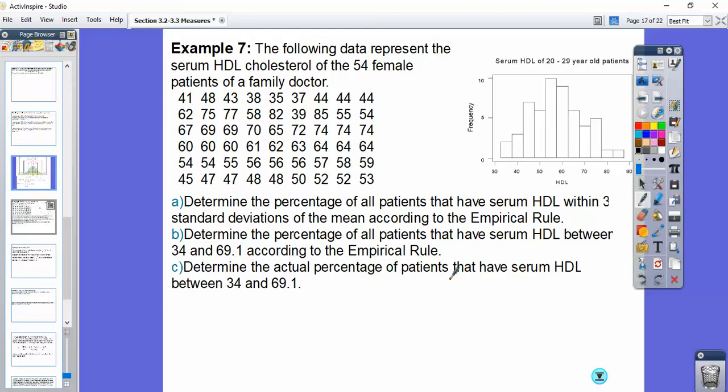Part A, determine the percentage of all patients that have cholesterol within 3 standard deviations of the mean according to the empirical rule. So that really has nothing to do with my data, just the empirical rule. What percent has to fall within 3 standard deviations? 99.7.